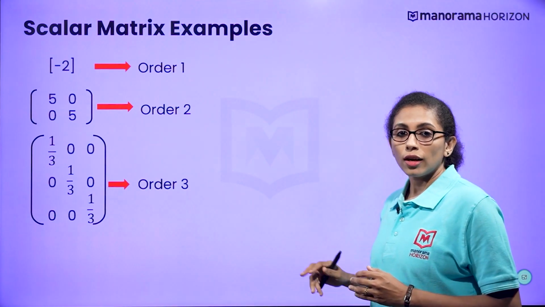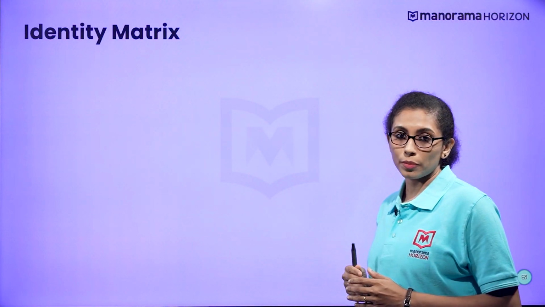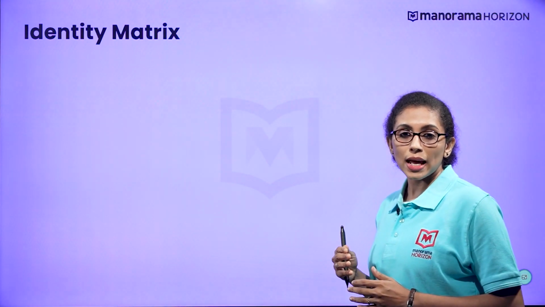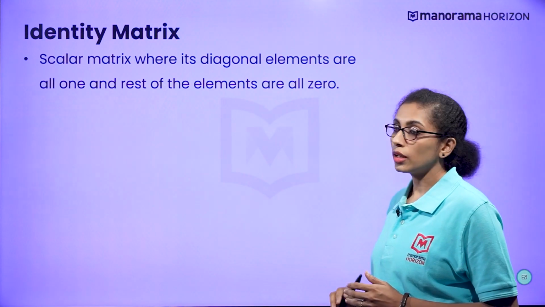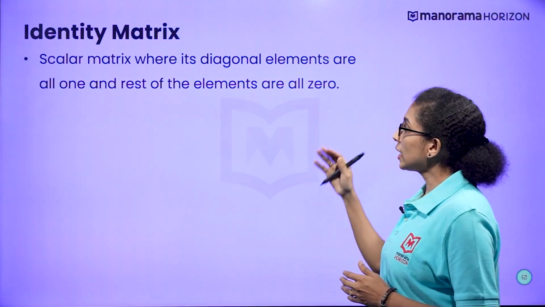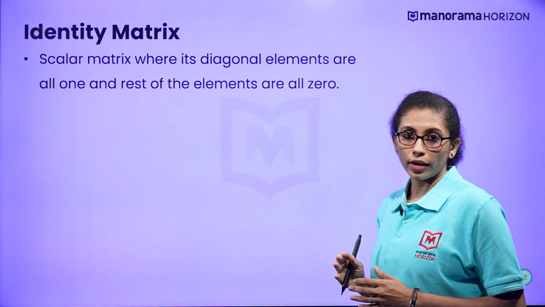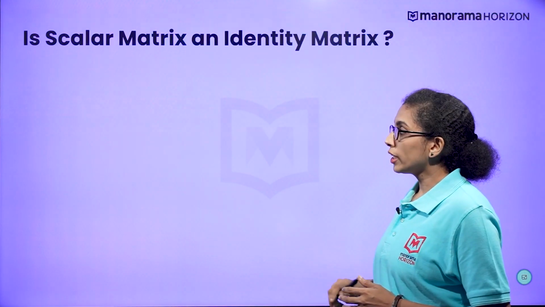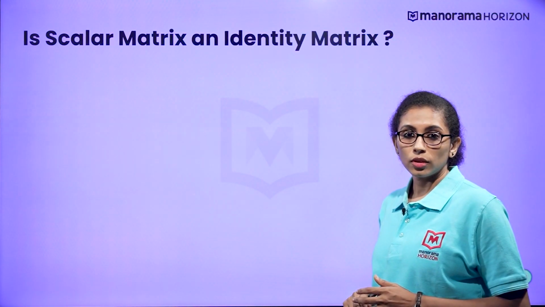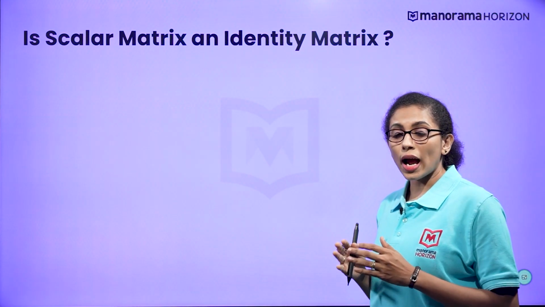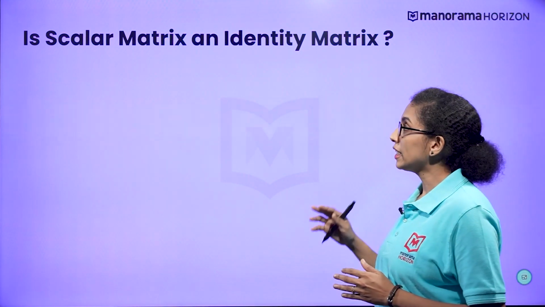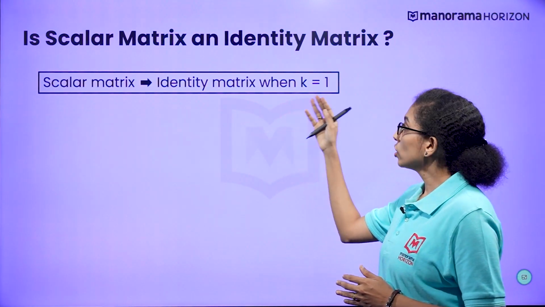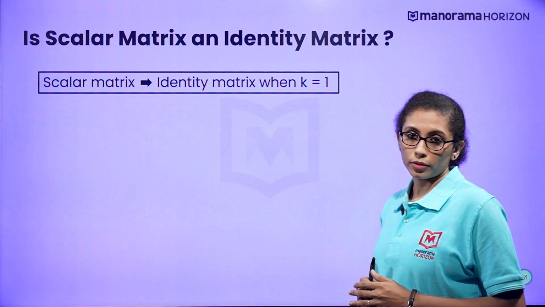Next, we will take a special type of scalar matrix, that is the identity matrix. An identity matrix is again a scalar matrix where the diagonal elements are all 1 while the rest of the elements are all 0. What about the converse? Is a scalar matrix an identity matrix? Definitely yes. A scalar matrix is an identity matrix when the constant k is equal to 1.